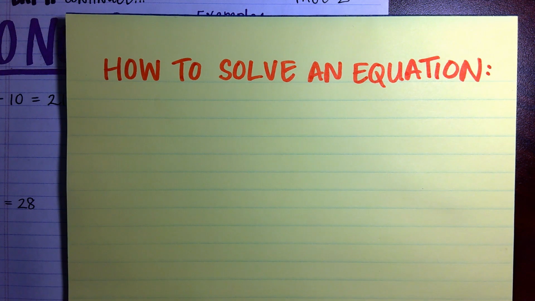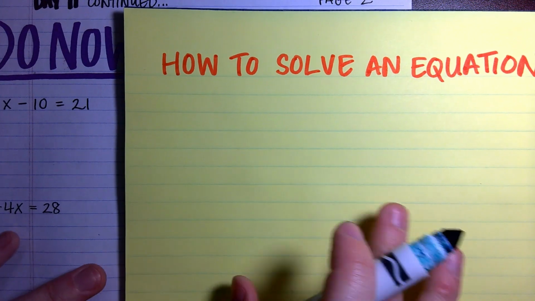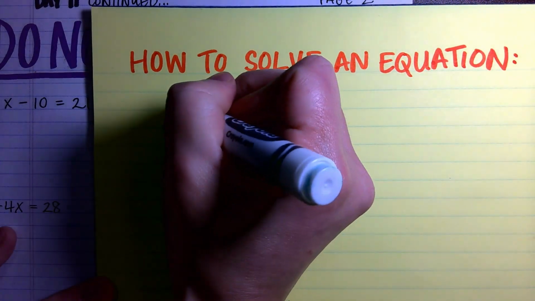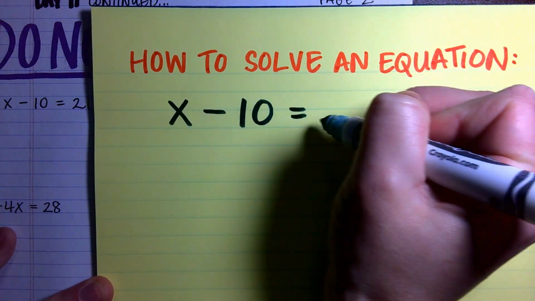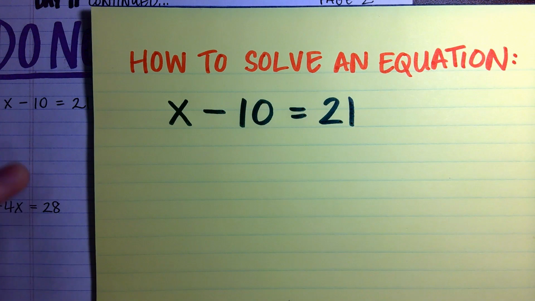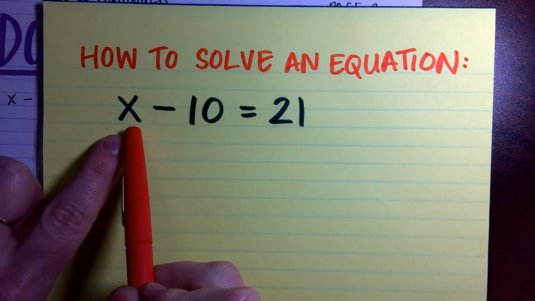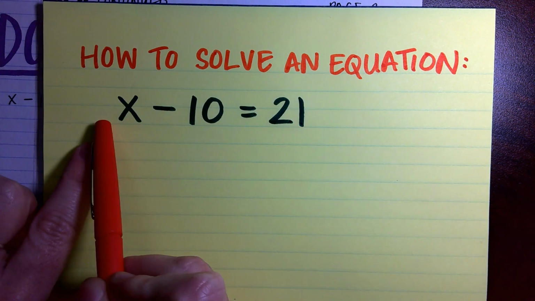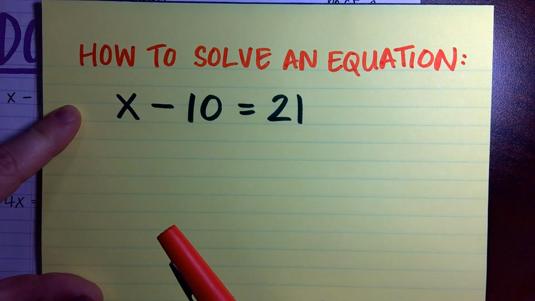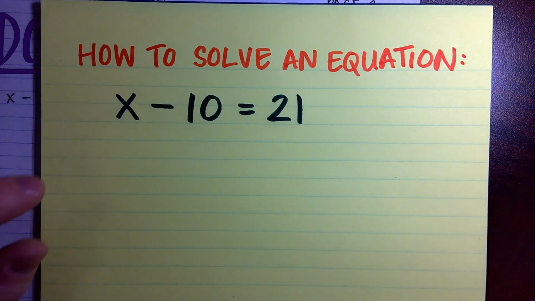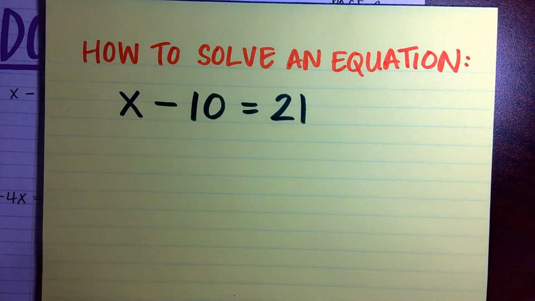So let me give our number 1 for this example. I'm going to write x minus 10 equals 21. So first of all, whenever I see x in an equation, what is this called? What do we call this letter? A variable. So that is a word we're going to be saying a lot. I need you to be comfortable with knowing what variable means.